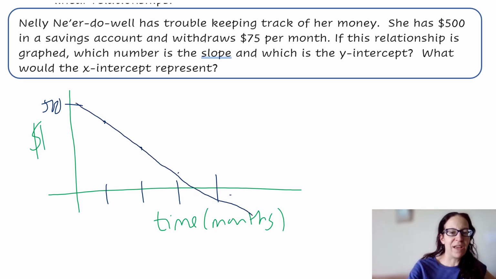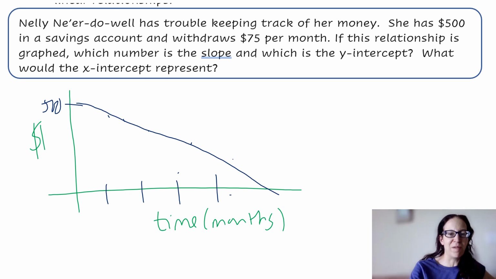And so that is not to scale. Okay, it's not quite that steep. I should probably try to do it a little bit more to scale. What if she's withdrawing like 75 a month? So it might look more like that. Okay, like maybe something more like that.